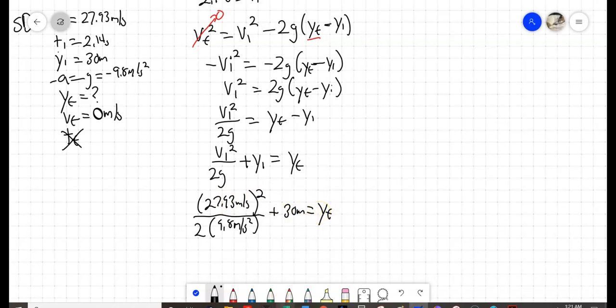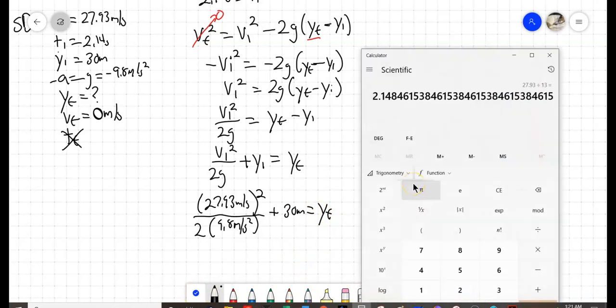Okay, all right, time for the calculator. 27.93 times 27.93 meters per second is 780. I'm going to divide that by 2, and then I'm going to divide it by 9.8.